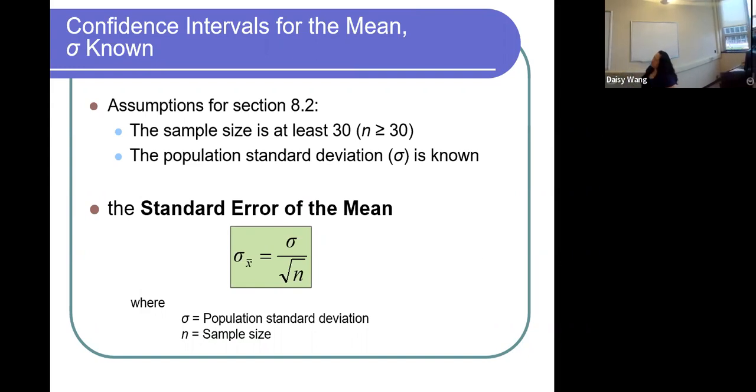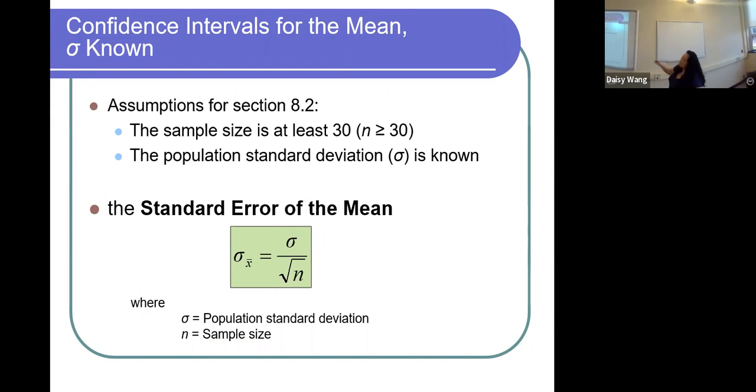So the assumption for 8.2 is that the sample size has to be greater than or equal to 30. When the sample size is greater than or equal to 30, then we can say the sample standard deviation is similar to the population standard deviation. So we could use whatever standard deviation we have to replace the sigma.